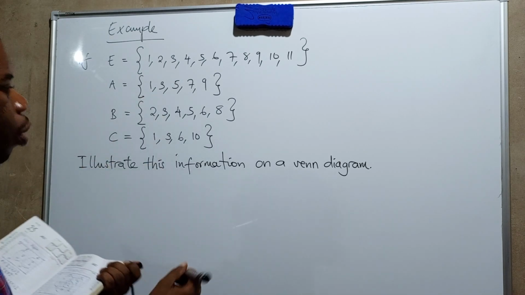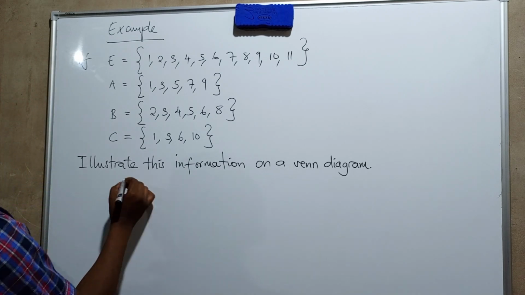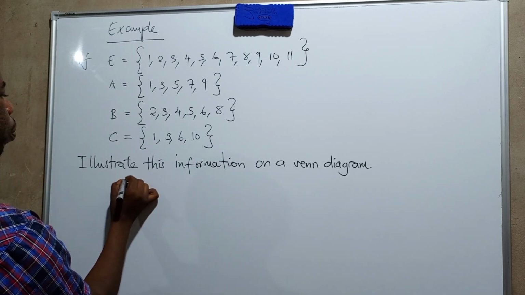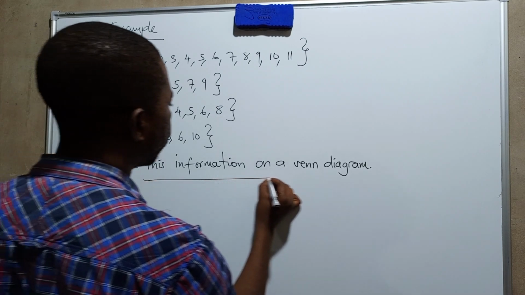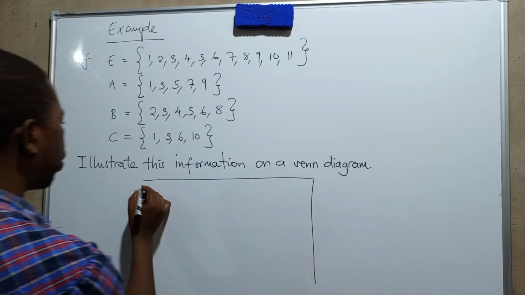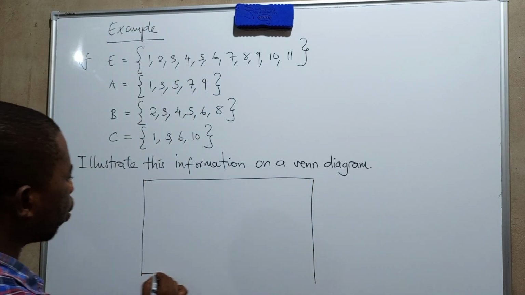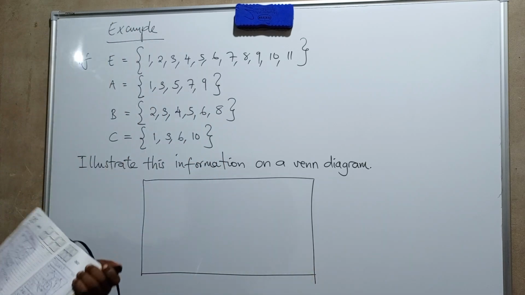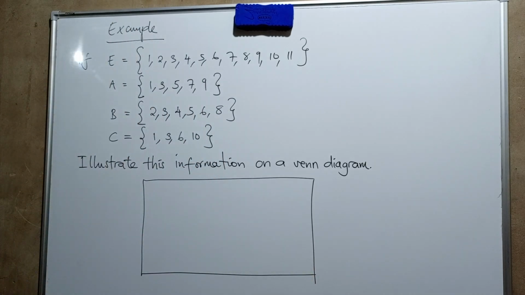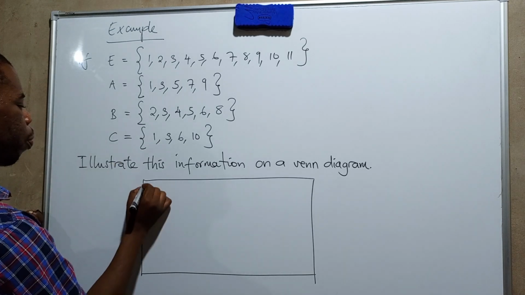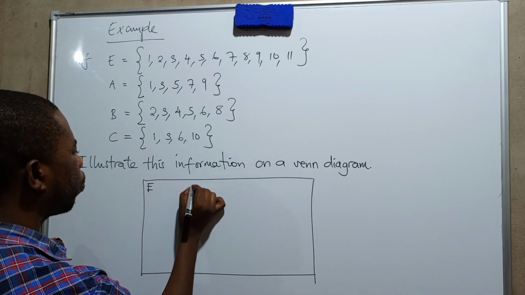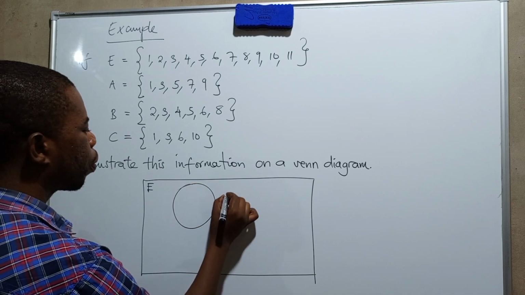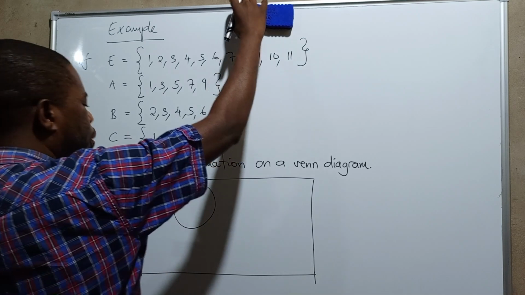So to put it on a Venn diagram, we'll just draw a box to represent the universal set. So we'll write it like this. I hope this one is visible. Yeah, it is visible. So I'll write E here. Then I'll write set A. Let me just enlarge it, it looks small.